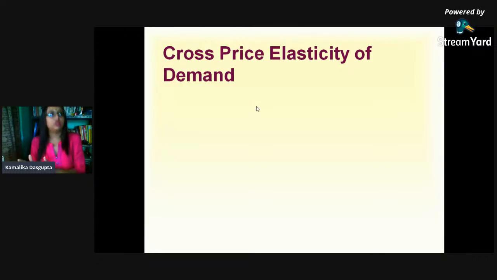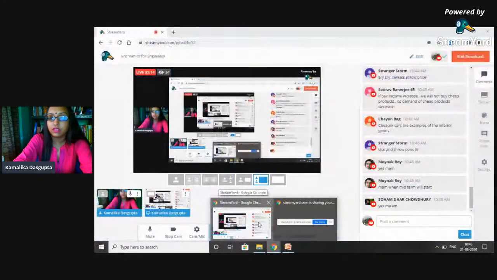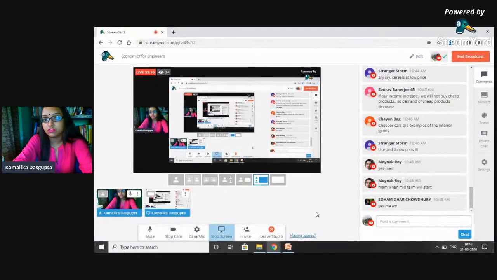There is another kind of good, that is the luxury good, such as a MacBook or an Audi car. Can you tell me what is going to be the value of income elasticity for luxury goods?